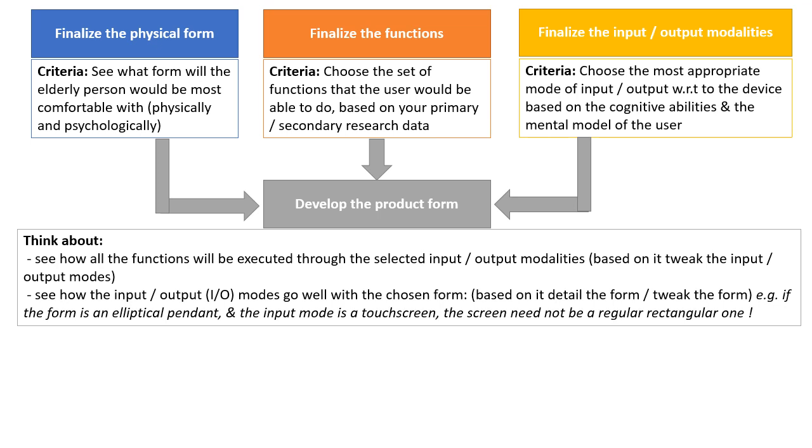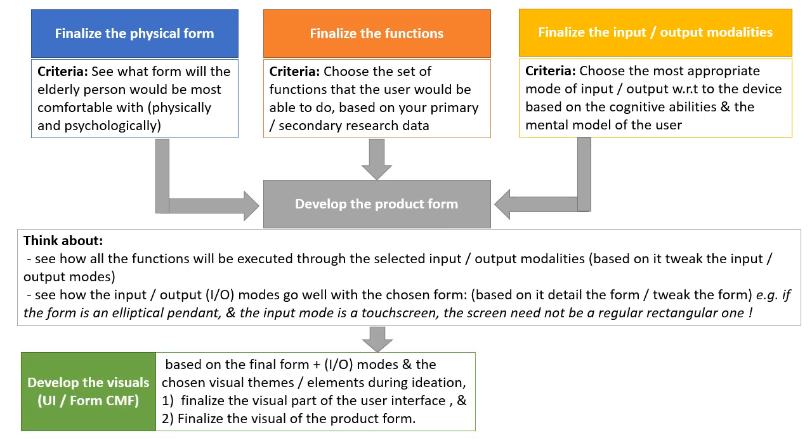For example, if the form is an elliptical pendant which you have finalized, and the input mode is a touch screen, the screen need not be a rectangular one, right? Obviously the screen can follow the elliptical form, and based on it, you have to develop the visuals.